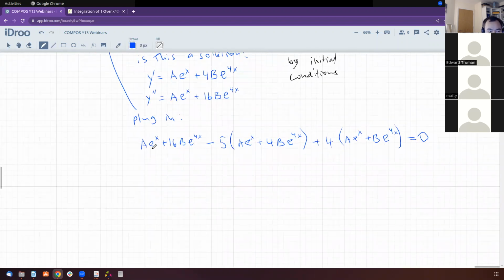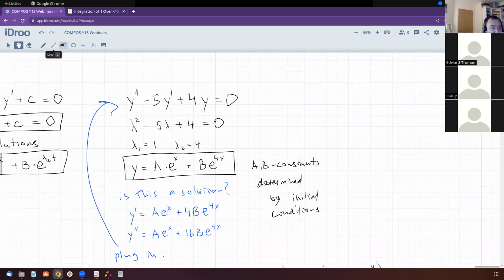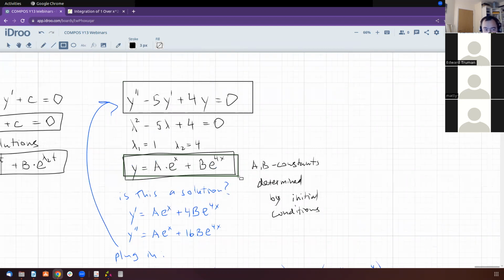And we can see that a e to the x minus 5a e to the x plus 4a e to the x is 0. 16b e to the 4x minus 20b e to the 4x plus 4b e to the 4x is 0. So 0 equals 0, true. So this is a differential equation, and this is the solution of that differential equation.